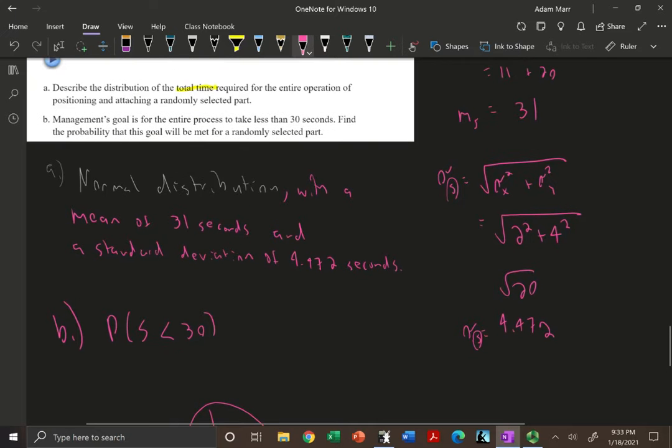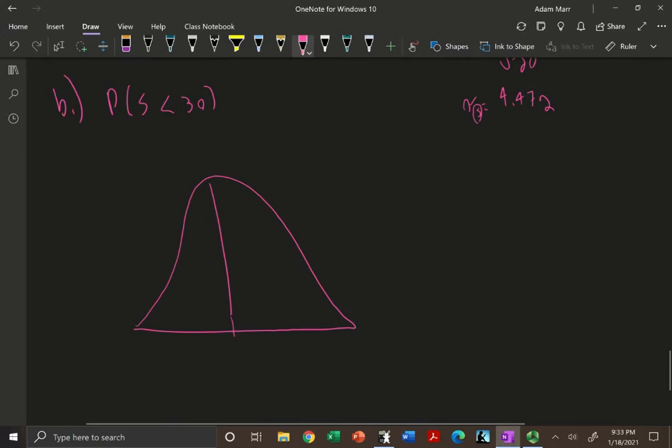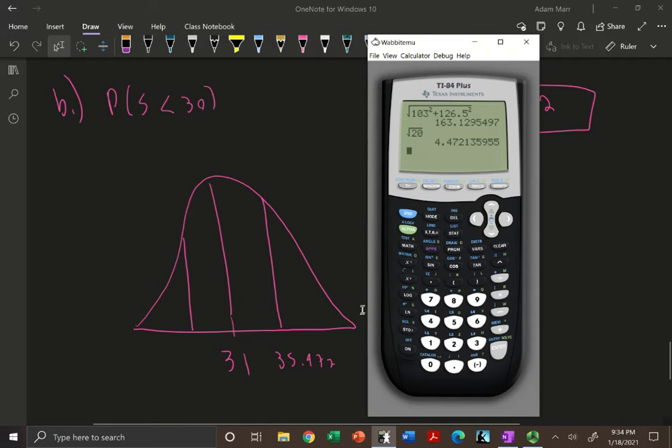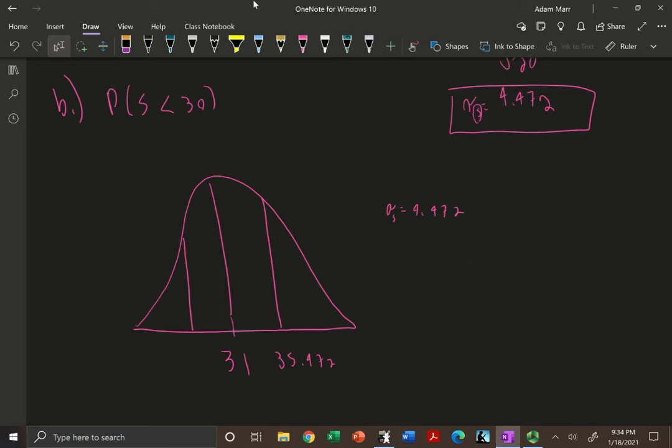The mean was 31, and we have the standard deviation of 4.472. 31 plus 4.472 is 35.472, and 31 minus 4.472 is 26.528.